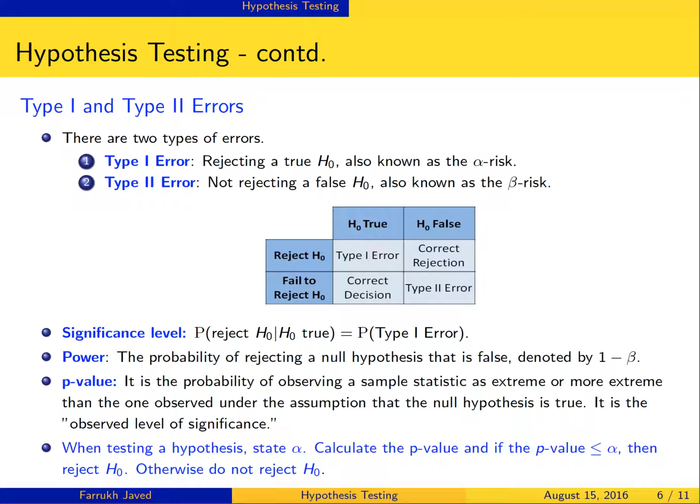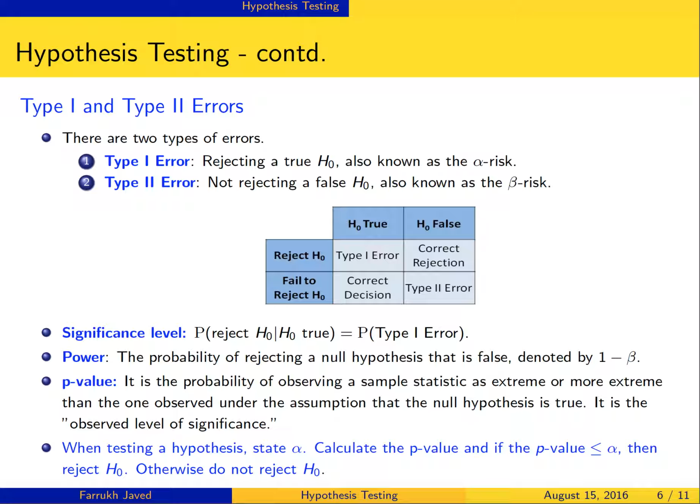When we will be discussing data, or when we meet in a meeting session, I will give you some more examples of why it is more important to reject a false hypothesis than to reject a true one. And the power of the test, we usually denote by 1 minus beta.